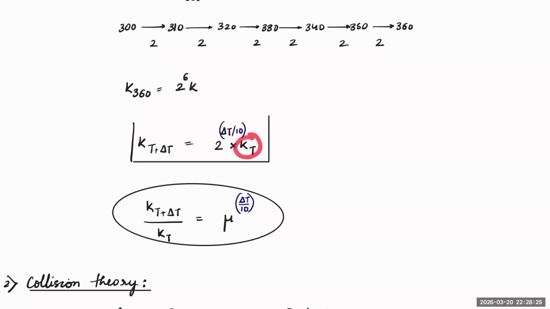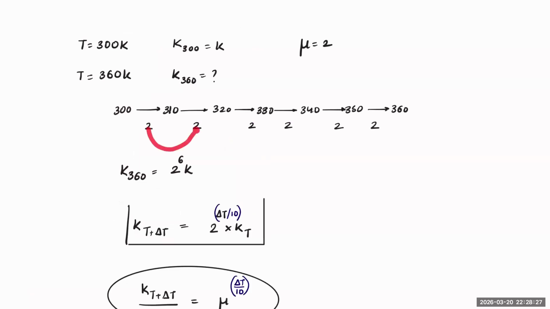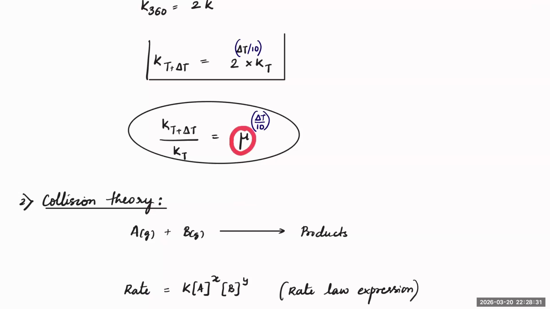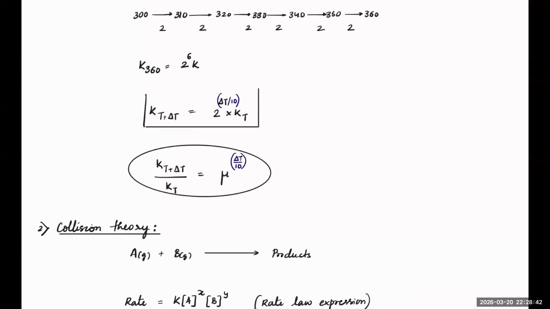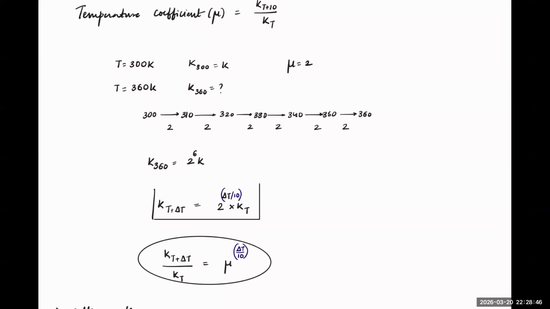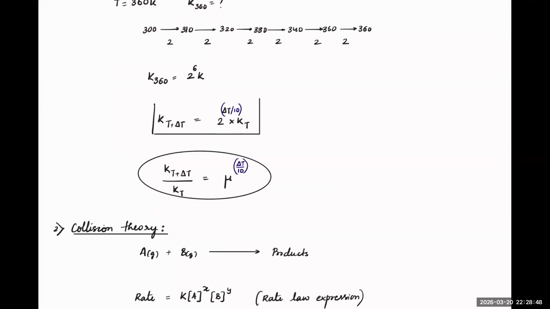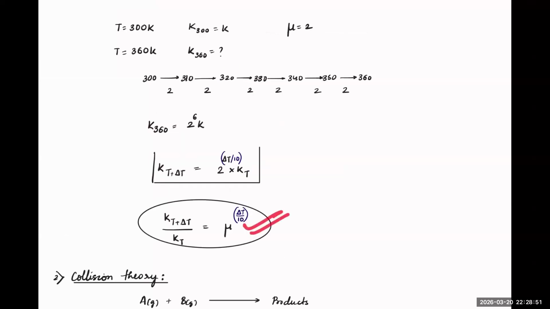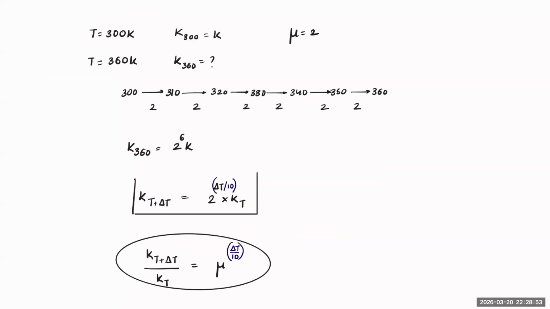Now this assumed the rate changes 2 times. What if it changes some mu times? Mu is what we call the temperature coefficient. So mu raised to the power of delta T by 10 is equal to KT plus delta T by KT. Very important formula for us. So whenever you want to check how much the rate or rate constant changes, you can use the temperature change when we are talking about the temperature coefficient.